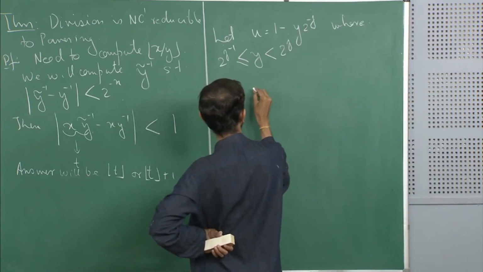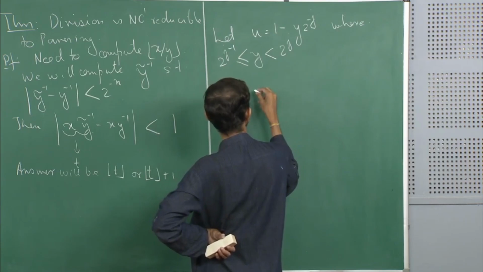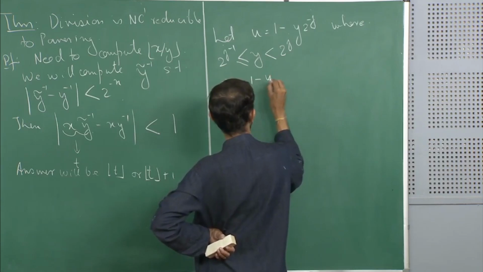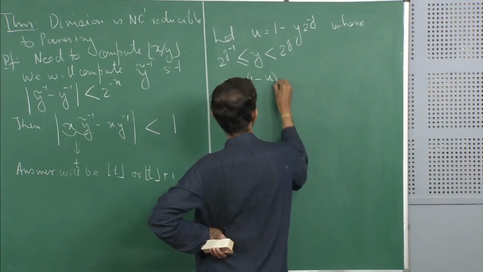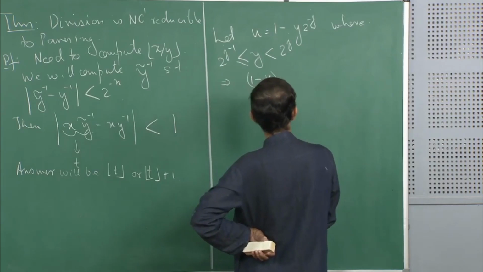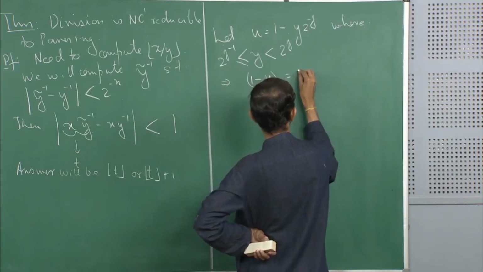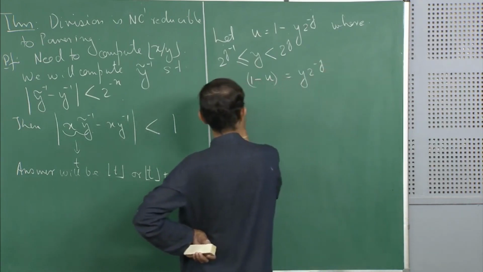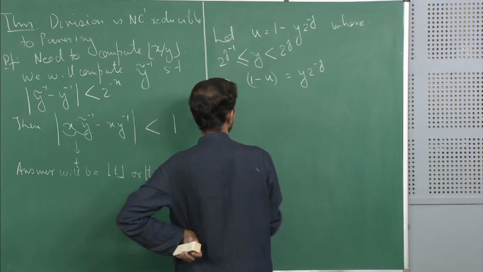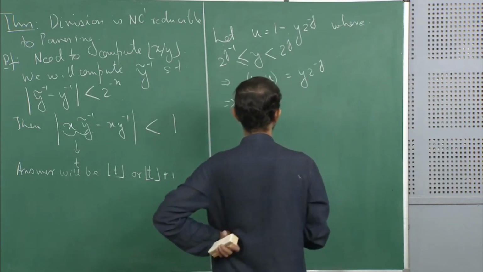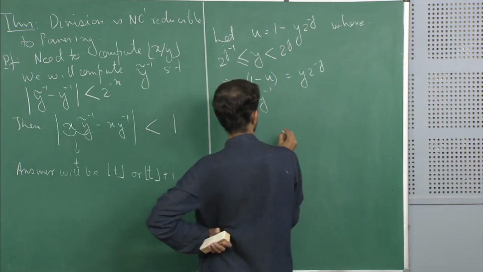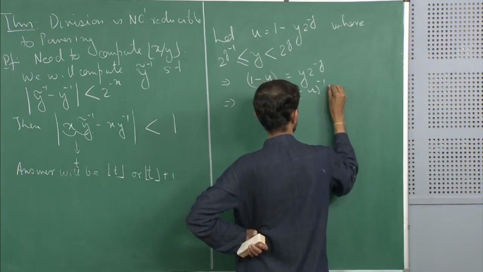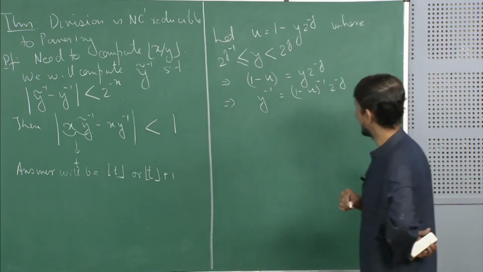This implies that 1 minus u is equal to y times 2 to the power minus j, which implies that y inverse is equal to 1 minus u inverse times 2 to the power minus j.